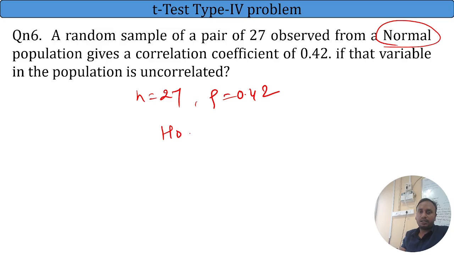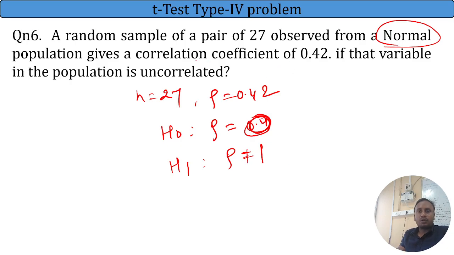So the first step, the null hypothesis, rho is 0, because uncorrelated means there is no correlation. What will be the alternate hypothesis? Rho is not equal to 0.